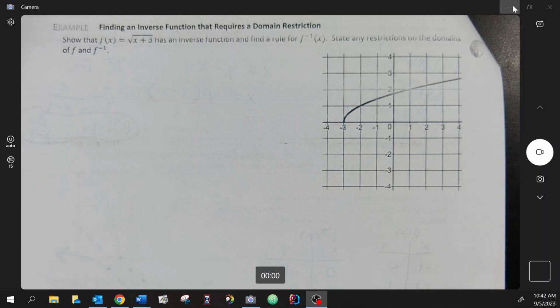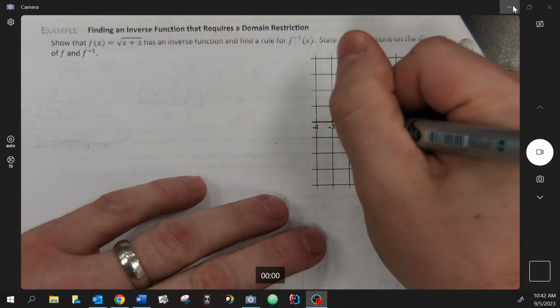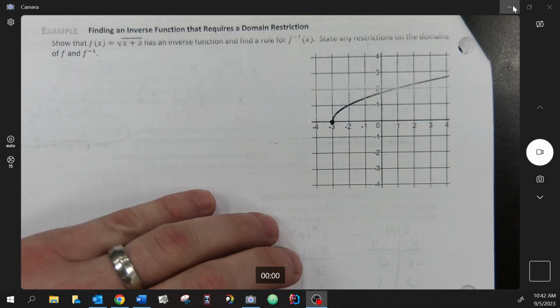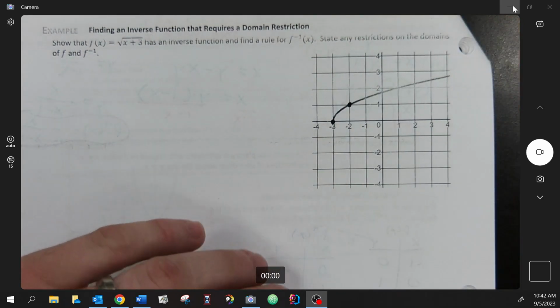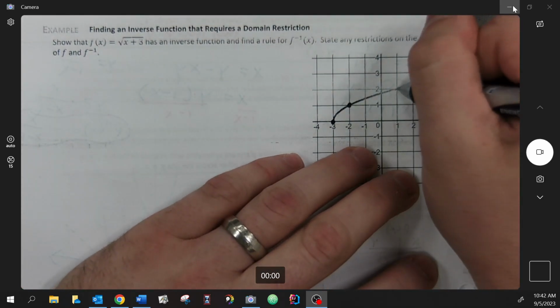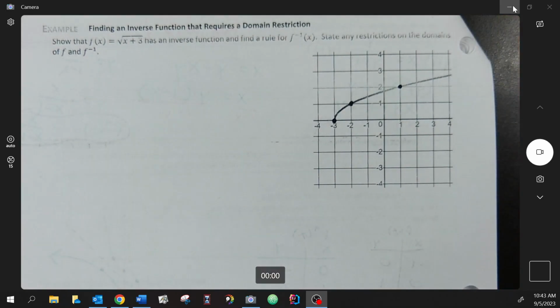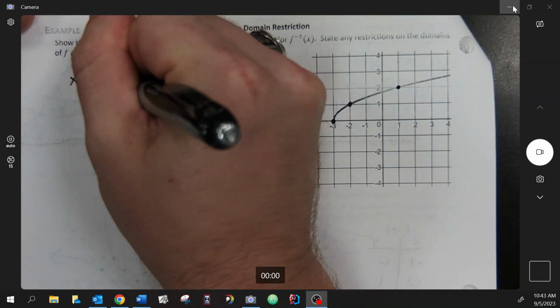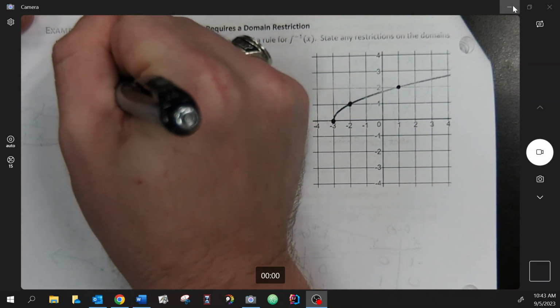Let's go ahead and sketch that inverse real fast. There's a pretty point that hits at a nice grid spot. There's another pretty point, and the last one that's pretty is right there. Now, do you have to write out the XY point table? No. I'm only doing it for really good note taking.